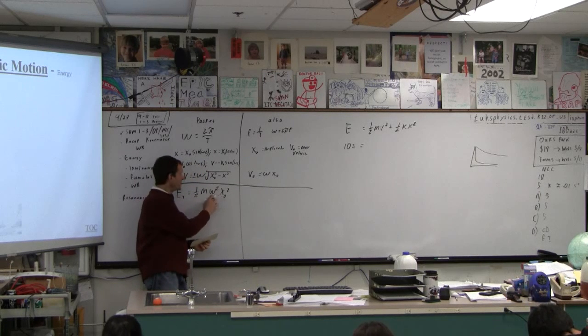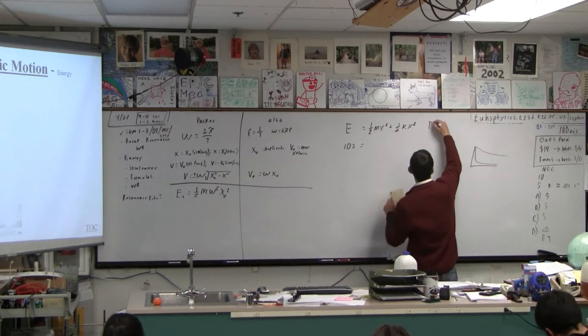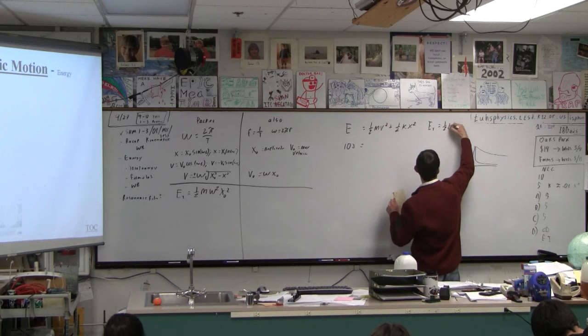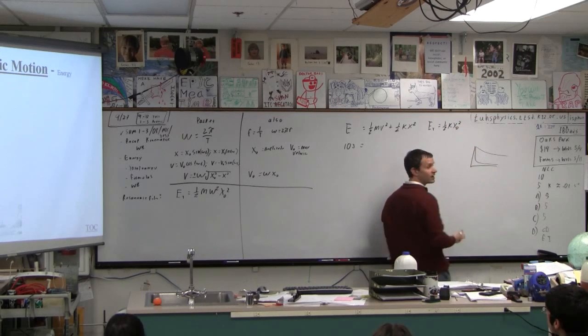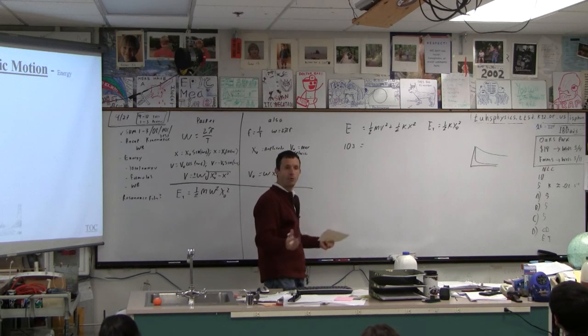Somehow, doesn't this formula have to be 1/2 kx squared in some weird, twisted way? Isn't the maximum energy going to be 1/2 k amplitude squared? Why is that true? Why, when it's at amplitude, is it all potential energy, and why is that the total energy? Because what's the kinetic energy when you're at the very edge?